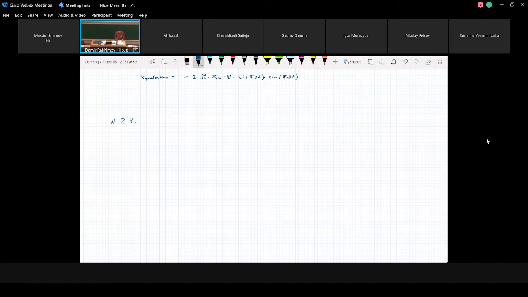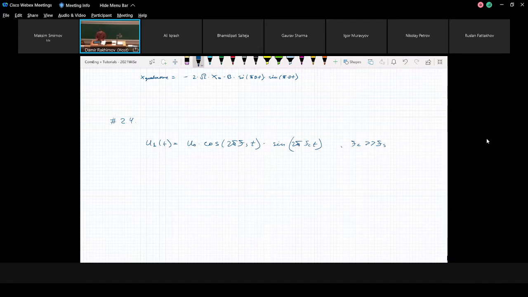We assume that fs is the signal frequency and fc is the carrier frequency, and the carrier frequency is much larger than the signal frequency.